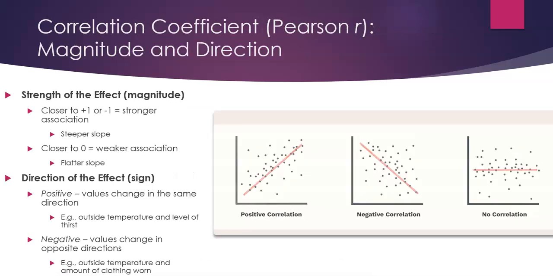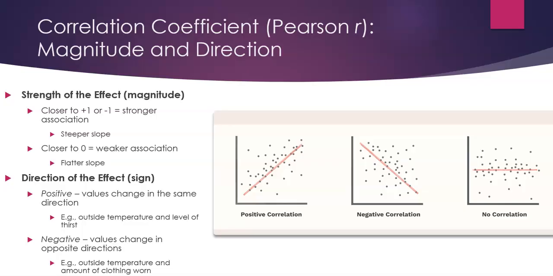Okay, so how do correlation coefficients do this? Well, the strength of the association between two variables is represented by the magnitude or the size of the correlation coefficient. All right, so remember that a -1 does not mean a smaller association than a +1.